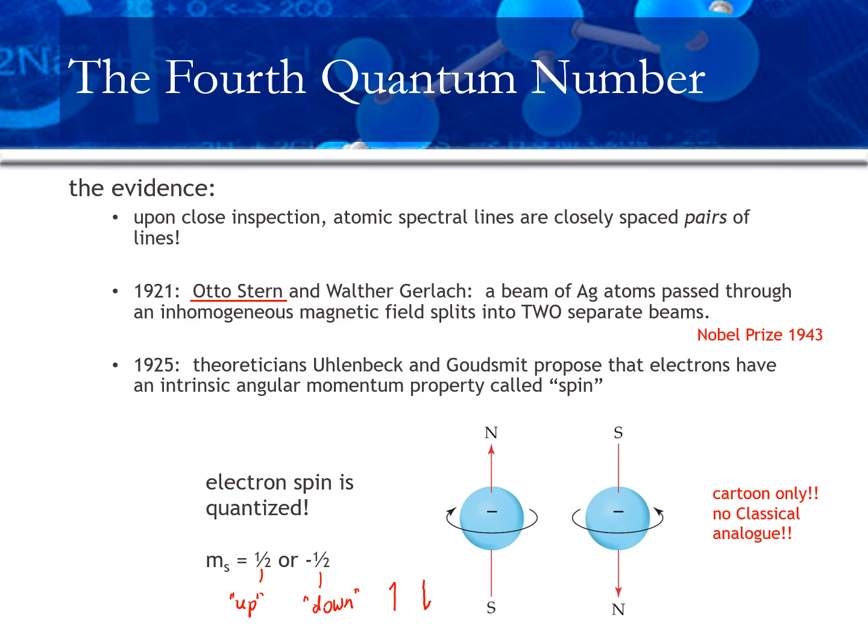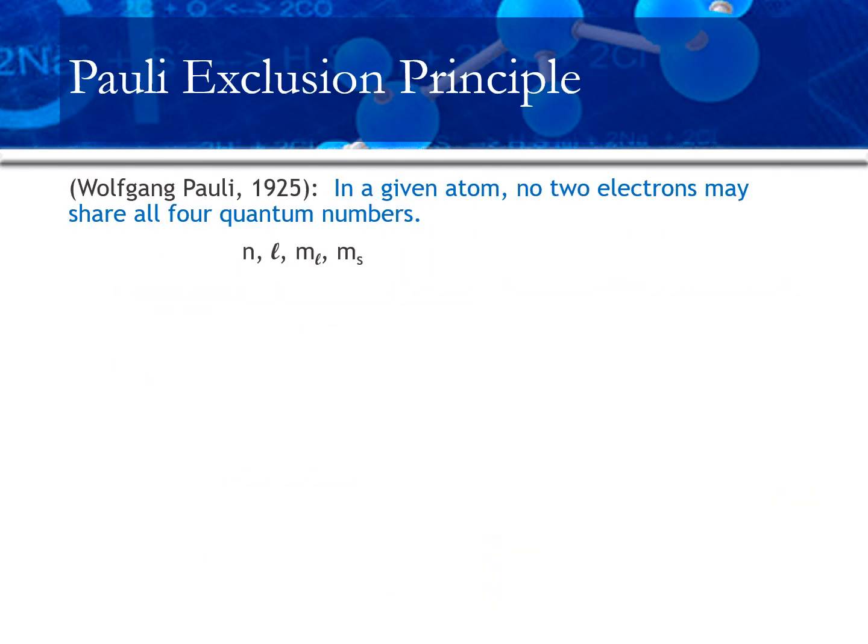Now, with this idea that electrons have spin, Wolfgang Pauli in 1925 proposed the following principle, and it's, again, very hard to overemphasize the importance of this. This is the key to understanding the periodic table, and it's a hard and fast rule for electrons.